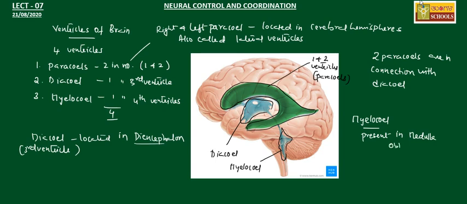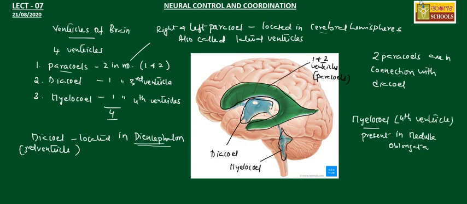So now we understood that the paracoels are located in the cerebral hemispheres, the diacoel is located in the diencephalon, and the myelocoel is located in the medulla oblongata. The myelocoel is the fourth ventricle.